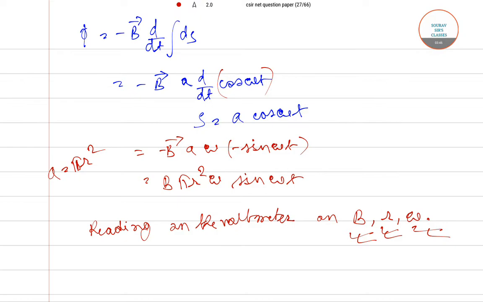Here A is the area of the disc. So the correct answer is the option where the reading depends on B, r and omega but not on rho. This is option B. So option B is correct for this question.